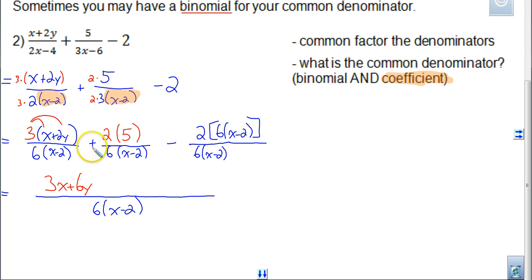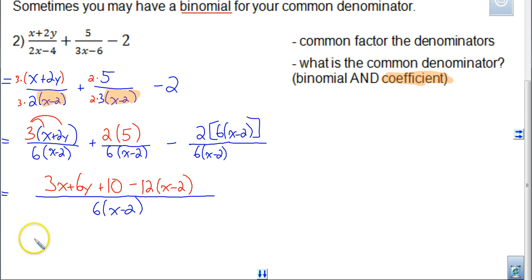Now right here I'm adding 2 times 5, so I'll be adding 10. Now over here I am subtracting this expression right here, so the sign's going to change. So that'll be minus 2 times 6, which is minus 12. Minus 12 times x minus 2.